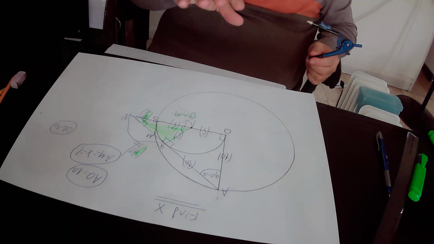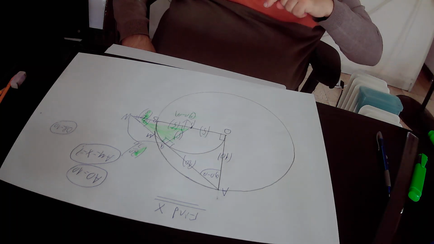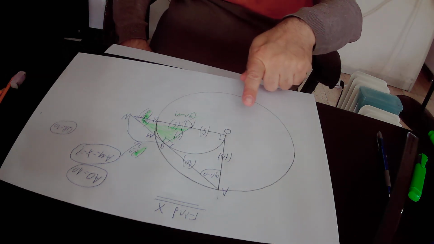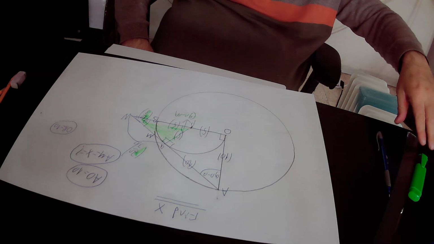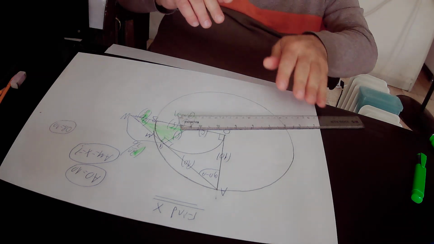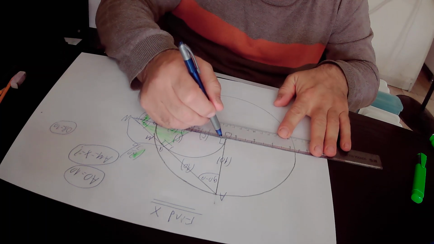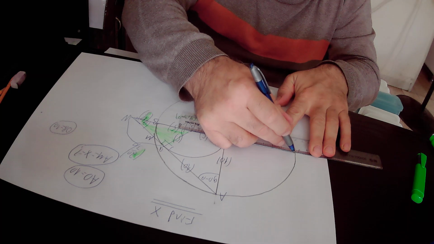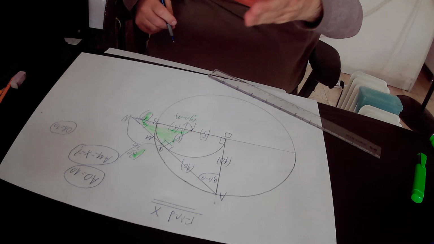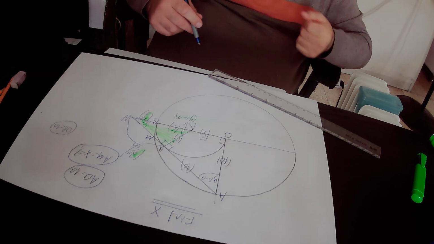So we completed the quarter circle to a circle, and we'll extend side BO by a straight line until it touches the circle. We define the touching point of the extended side BO with this circle as point C.